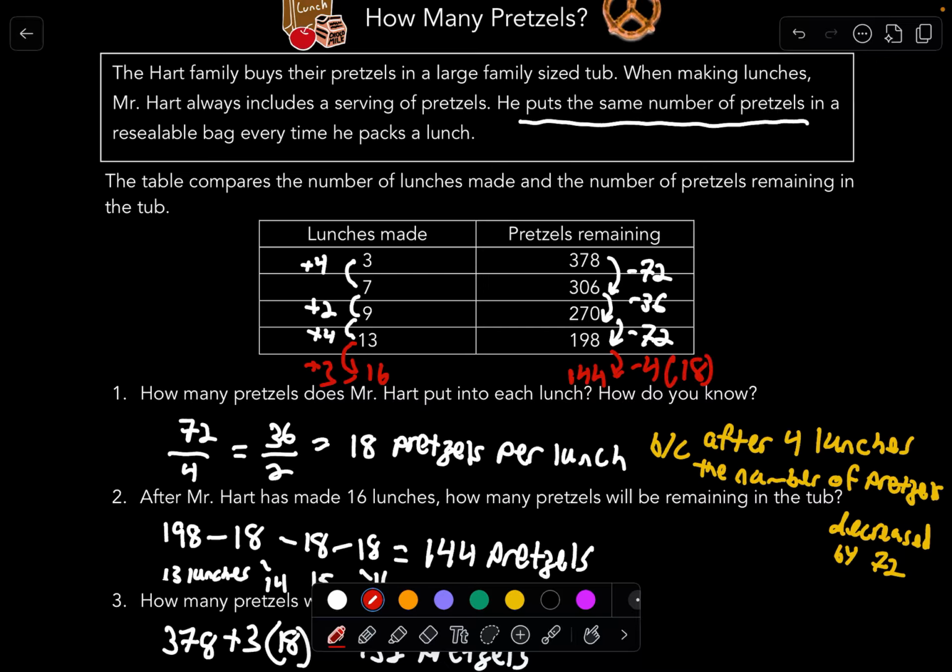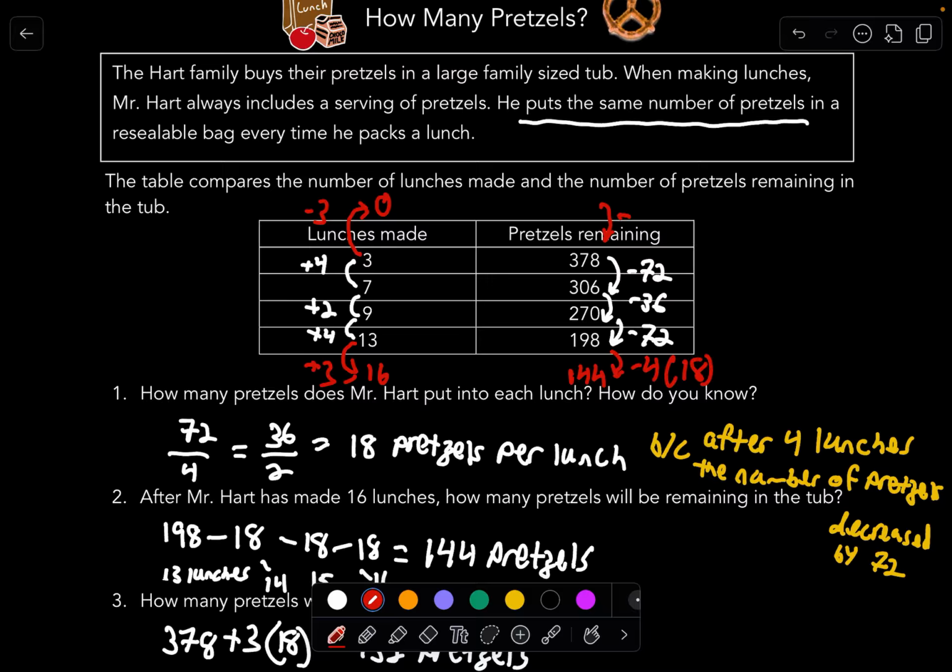And notice, if we want to go in the other direction, if you want to subtract 3 lunches to get to 0 lunches made, you would add, or how would I say this? Well, it would mean this.